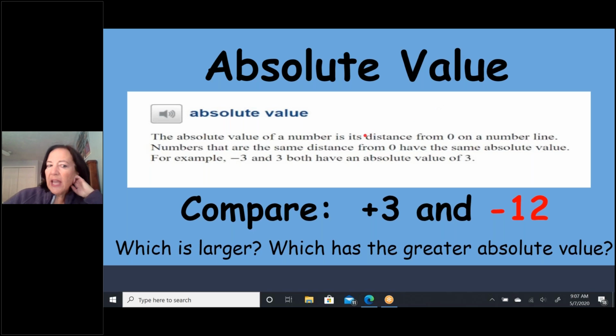If someone were to ask which is the larger number, it's actually positive 3 because that's farther to the right on the number line. But sometimes we don't actually want to know which number is larger. We want to know which number has a greater absolute value, which is farther from 0. Well, negative 12 is farther from 0, so it has the greater absolute value.